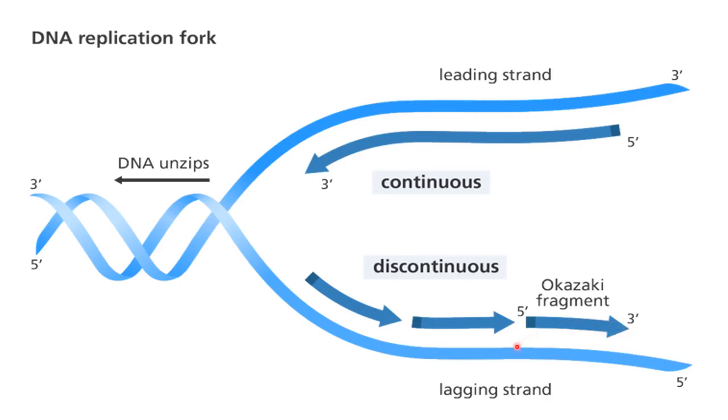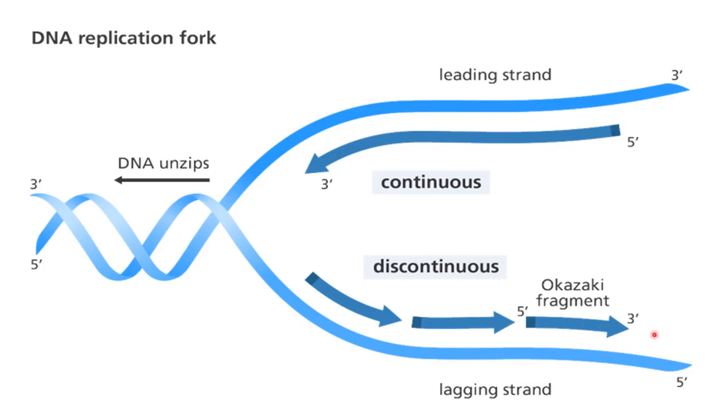Then again, when the next segment of DNA gets separated due to the action of the helicase enzyme, another RNA primer will get attached here, and then DNA polymerase will start its action like this, and this new fragment of DNA will be formed. Again, when the next segment of DNA gets separated, the next primer will be added here and DNA polymerase will start its action like this. That's why these fragments of DNA will be formed here, as you can see.